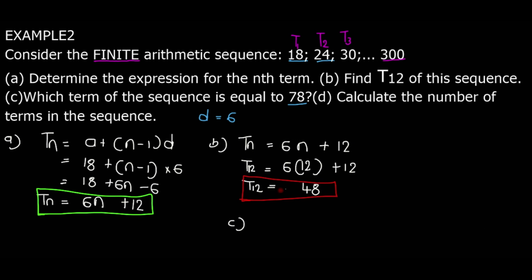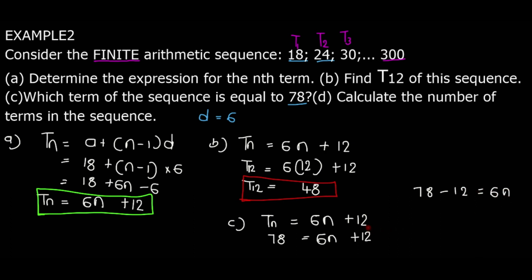And therefore, our nth term formula. Our Tn in this case is 78 because we're given 78. The value of n is what we solve for. So from here, 78 minus 12 is equal to 6n.